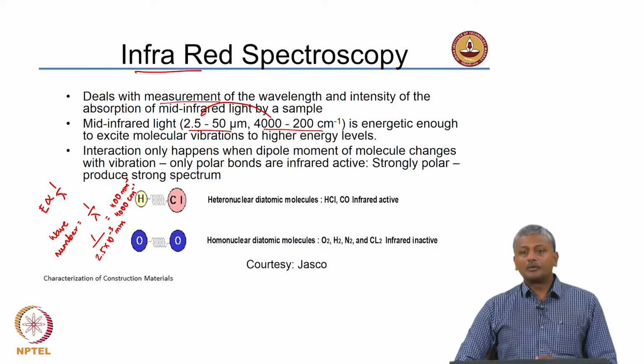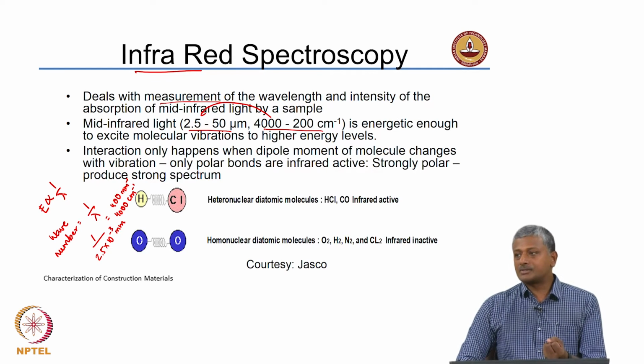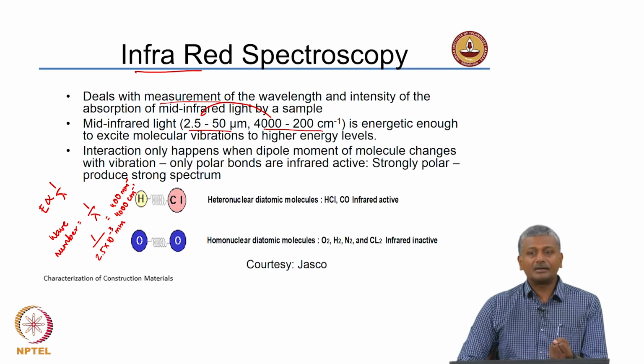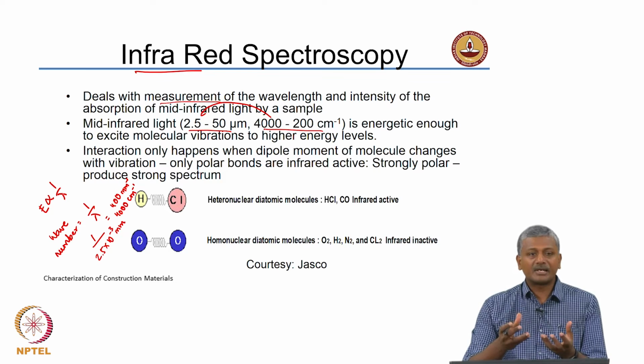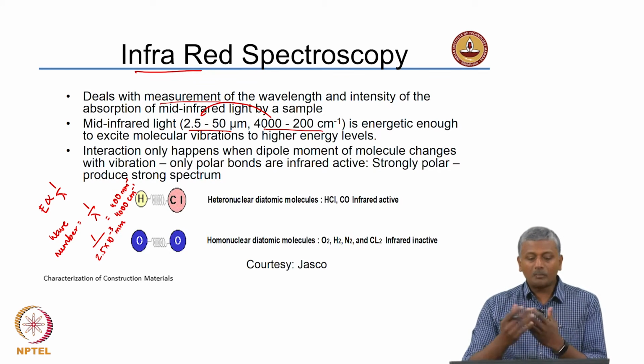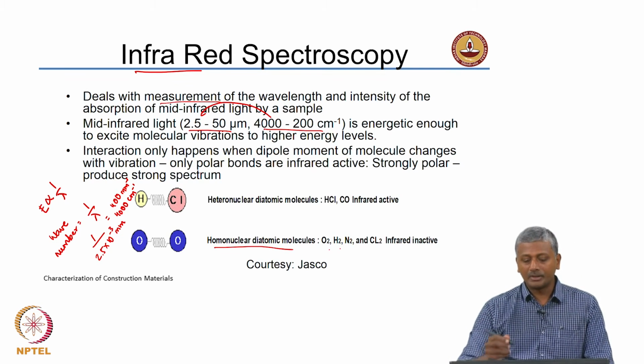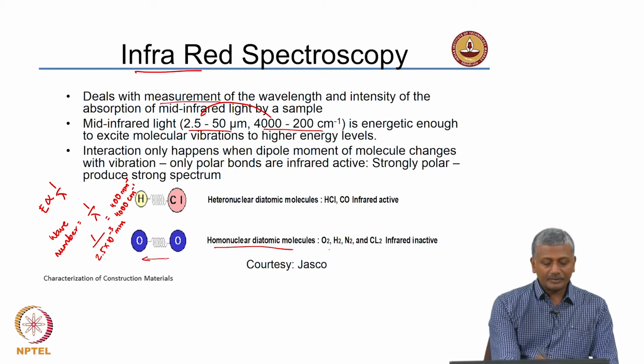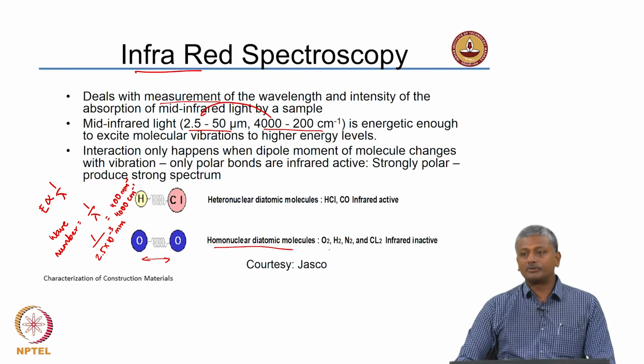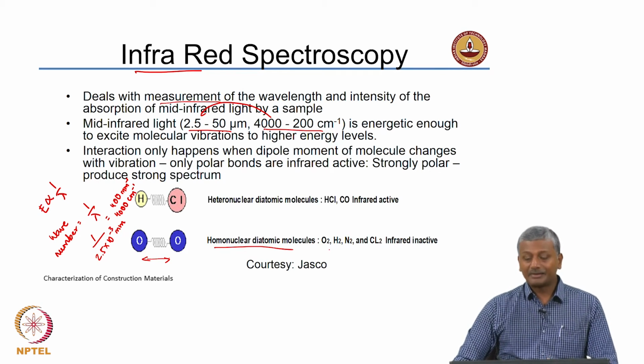Now, there are several types of molecules that your system may have. Some of these are molecules that are not going to be active as far as infrared is concerned. What do you mean by that? If you have homonuclear diatomic molecules like oxygen, hydrogen, nitrogen or chlorine, these will have no response to the radiation because they are going to be inactive as far as infrared is concerned.